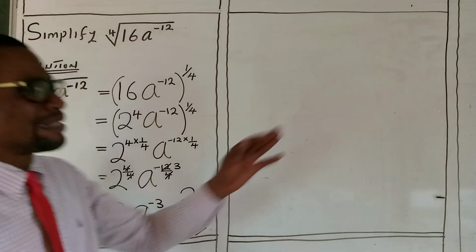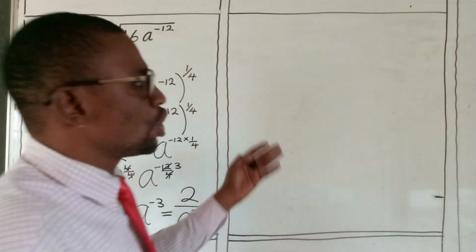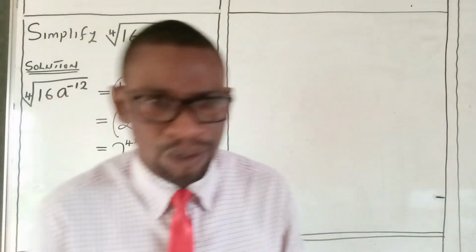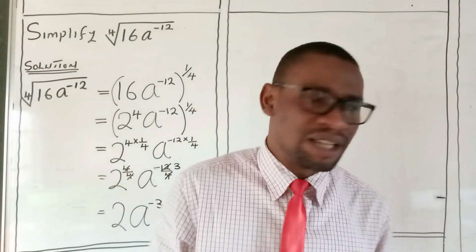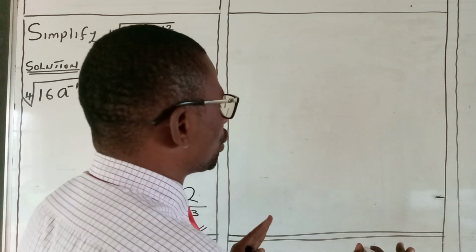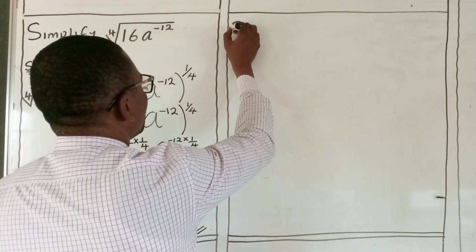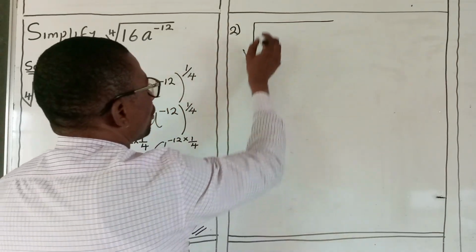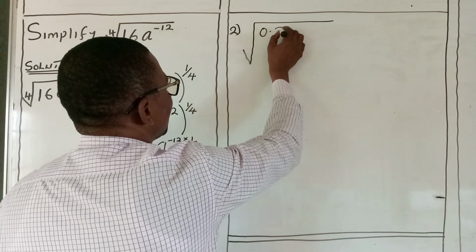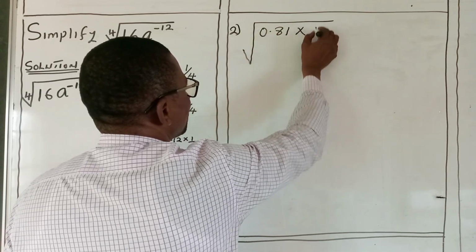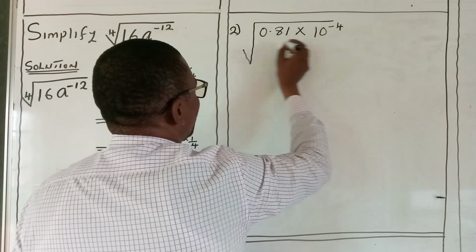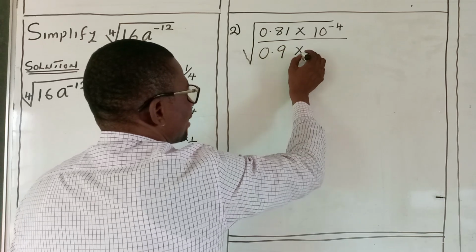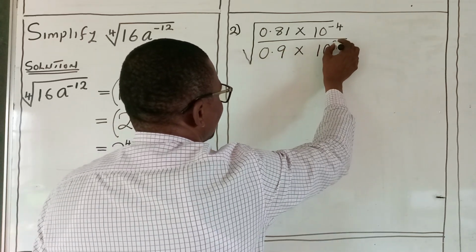Now, I want us to quickly take another question. This second question is to simplify without using calculator or 4-figure table the square root of 0.81 times 10 raised to power minus 4 over 0.9 times 10 raised to power 3.